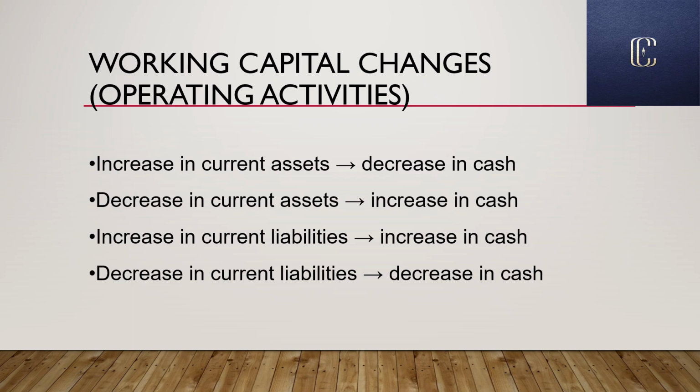Liability decreases, cash decreases. So we should concentrate on each current asset and current liability for the adjustment activities. Working capital adjustment shows where cash is blocked, where cash is saved, and the actual operating cash available.